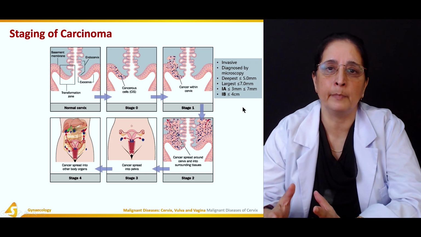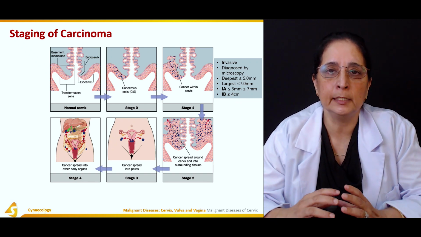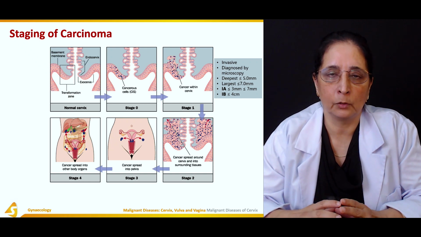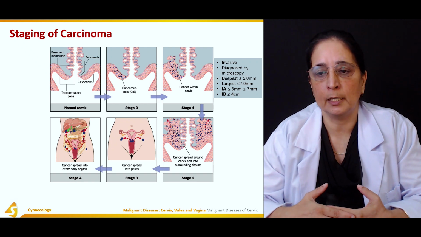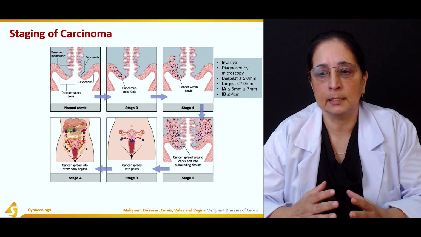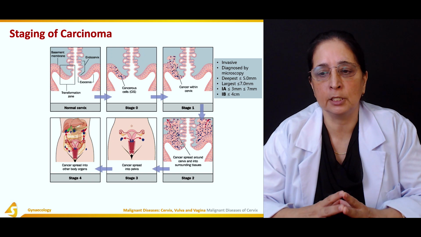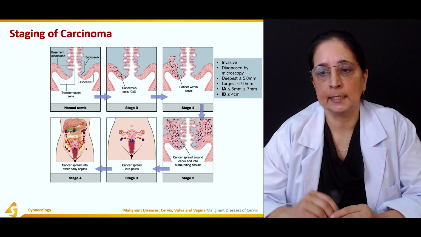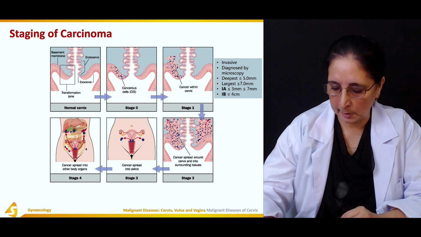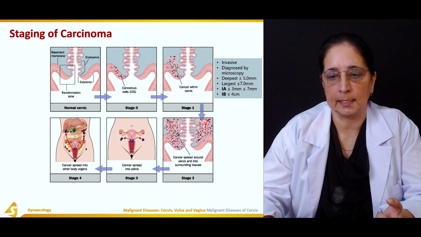That's just the measurements of how big usually the growth or cancer is in stage 1A and stage 1B. In 1A it is less than 3 millimeter and 7 millimeter, and in 1B it's less than 4 centimeters. So slowly it's increasing in size.